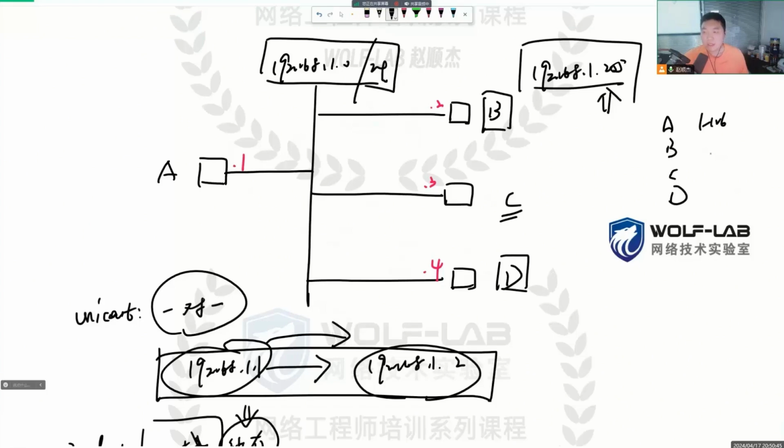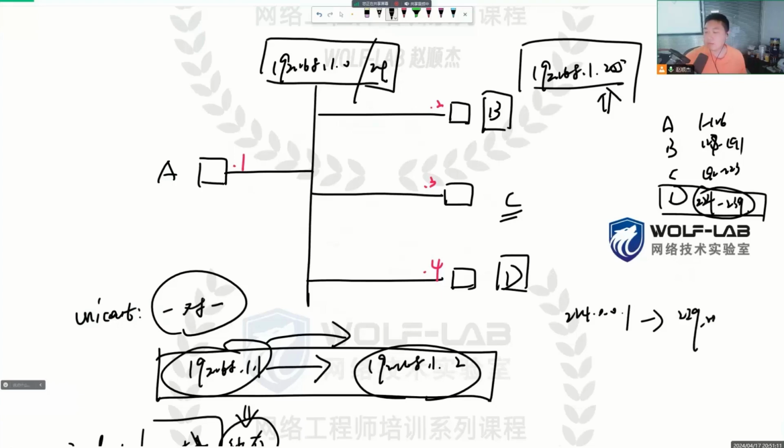It represents the range of all IPv4 addresses starting with 224 to those starting with 239. That is to say, from 224.0.0.1 to 239.255.255.255 are all multicast IPv4 addresses. So these addresses can be used in multicast.